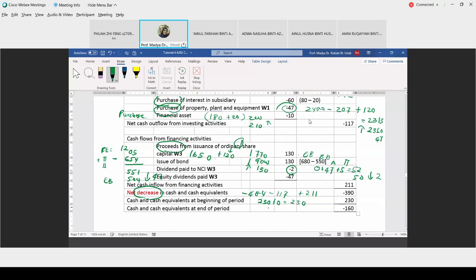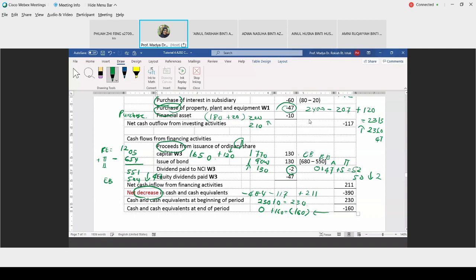The ending balance here is 0, and then look at the bank overdraft here, you have 160. So 160 bank overdraft is a credit, or a liability, so in brackets you have 160 here. So this is 390 minus 230, your beginning balance. So you're going to have negative 100.